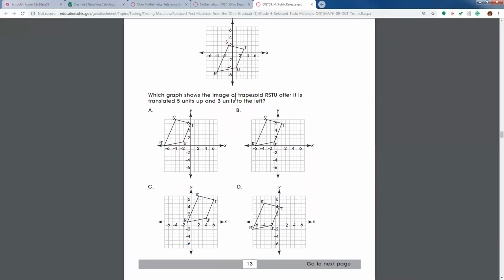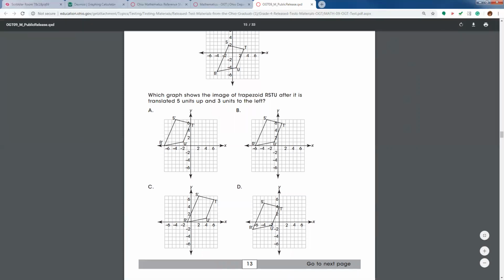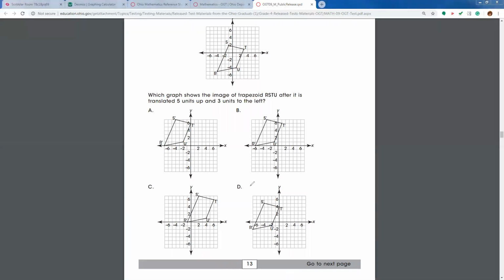We want 3 left. That's only 2. I want to say D. So D, possibly, that's in the right direction. Ray also thinks D.